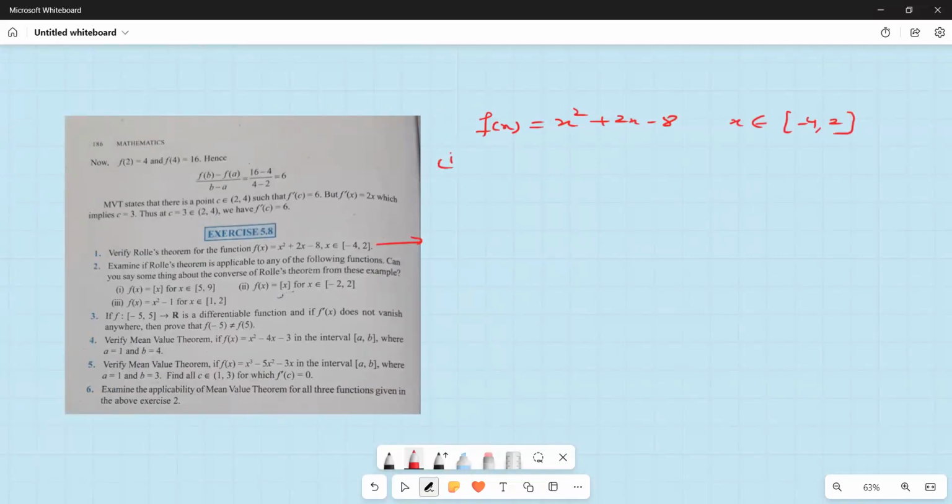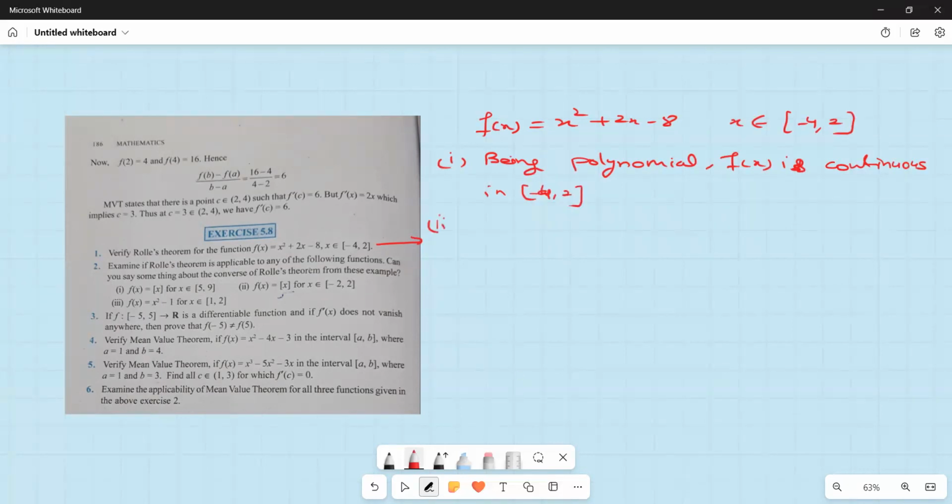So first case, being polynomial, it's a polynomial function, not algebraic expression. Being polynomial, f of x is continuous in closed interval [a, b], so [-4, 2].